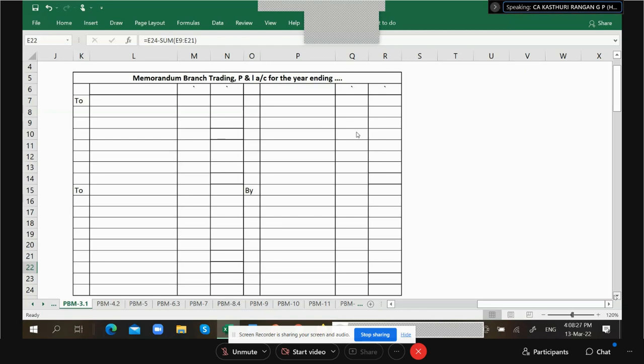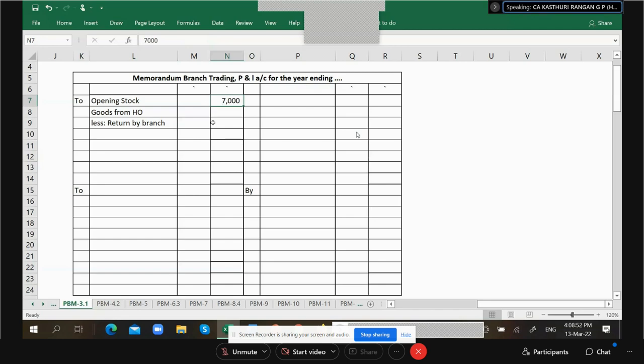You know to prepare trading P&L of an entity, same concept. That means put the opening stock, put goods from HO because branch is not purchasing the goods, they are receiving goods from HO. They have returned goods to HO, deduct it.